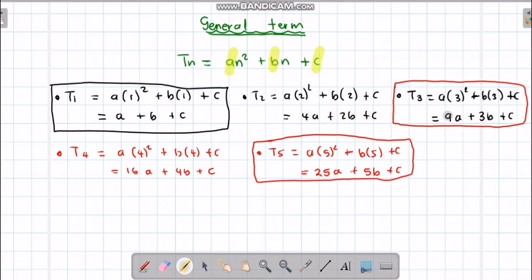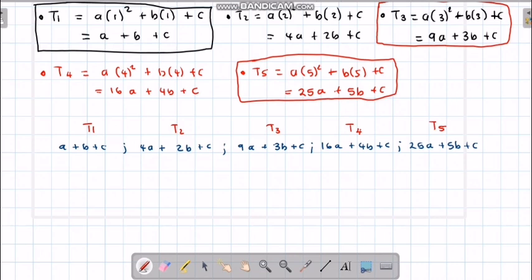Term number 3 gives 9a plus 3b plus c. Then term number 4 and term number 5. Now let's find the difference between term 2 and term 1: 4a minus a gives us 3a.